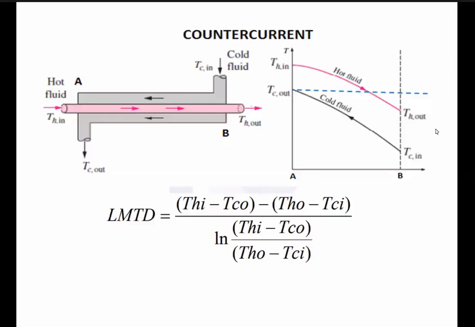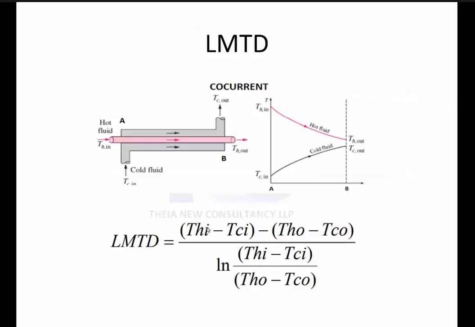Ultimately, once you know the graph, take the difference of this and the difference of this. Same thing here: hot fluid inlet minus cold fluid inlet, minus hot fluid outlet minus cold fluid outlet, divided by ln of the same thing, inlet and outlet. It is always preferable to draw it, and then you can easily do it.